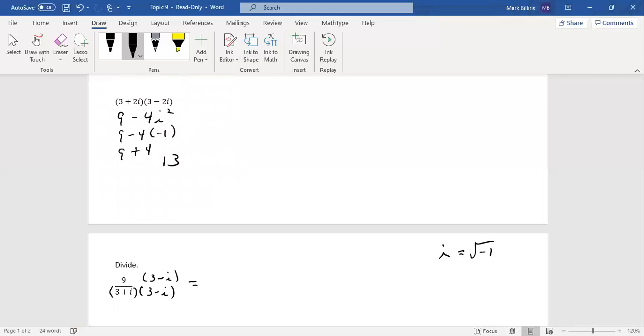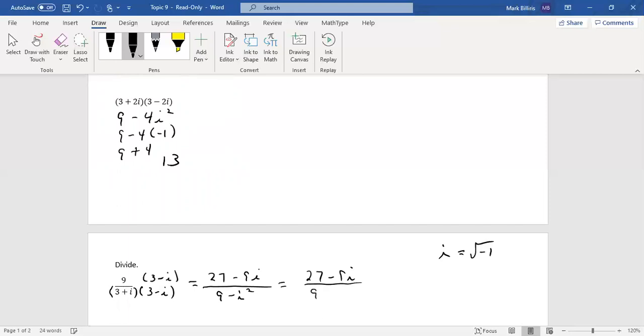In the numerator, I'm going to use the distributive property. So I'm going to multiply 9 times 3, and then 9 times minus i. In the denominator, I'm going to use the shortcut because I know there's not going to be a middle term. So I multiply 3 times 3, I get 9, and positive i times negative i is negative i squared. So in the numerator, I have 27 minus 9i.